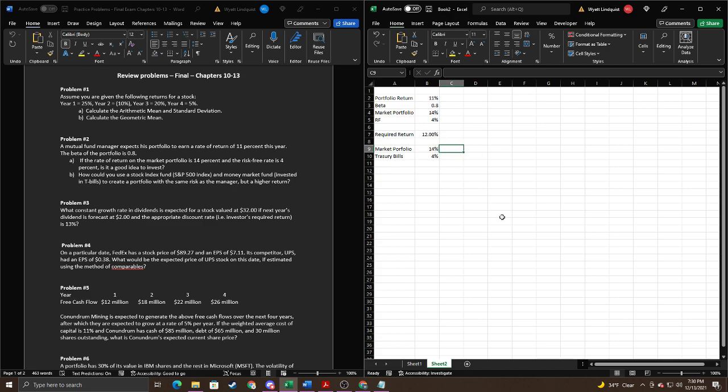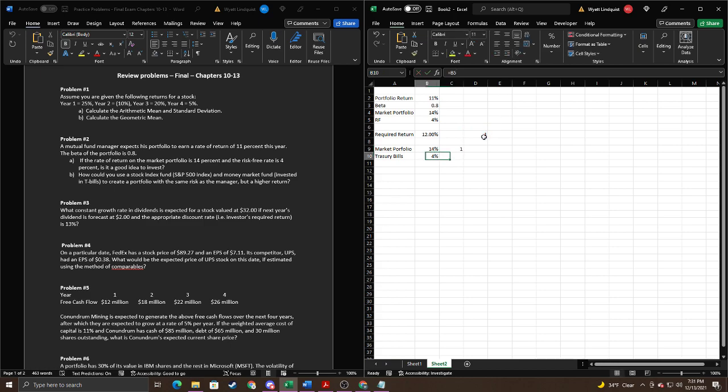And then we're going to set up an equation here. We're going to put in 1 in a box, and then set this cell equals this cell.